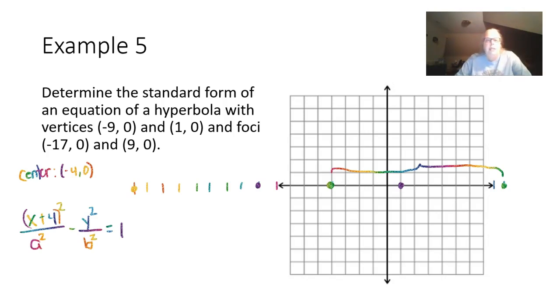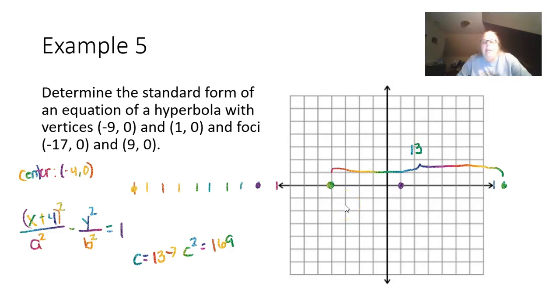Let's check the other one and see. 1, 2, 3, 4, 5, 6, 7, 8, 9, 10, 11, 12, 13. Yeah, this is 13 units away as well. Okay, so that means that c is going to be equal to 13, which means that c squared is going to be equal to 169.